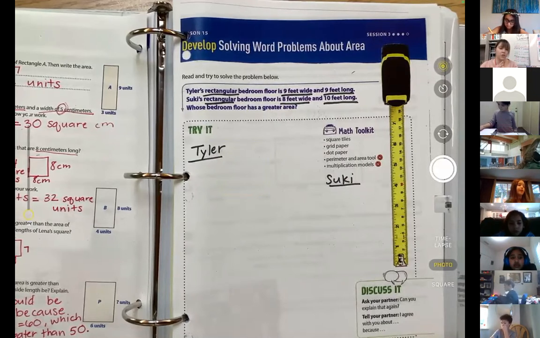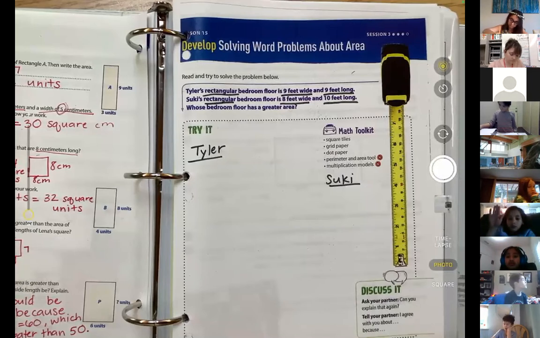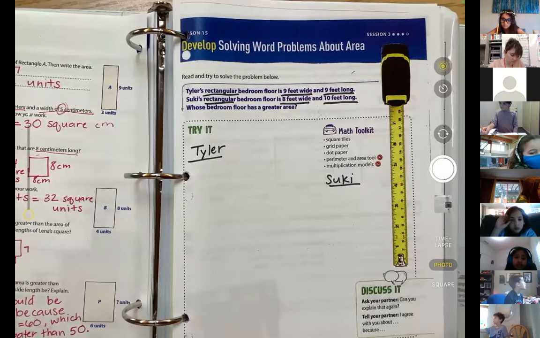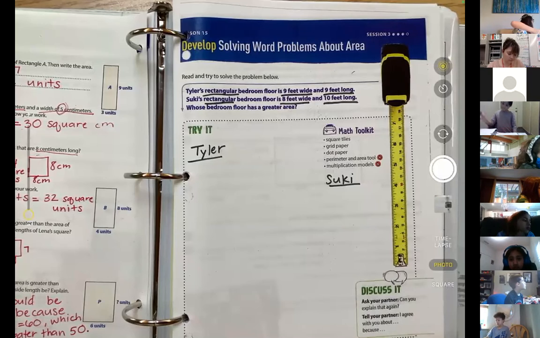If you finish and you solve it, tell me in the chat who you think has the greater area. Okay, got one answer so far.